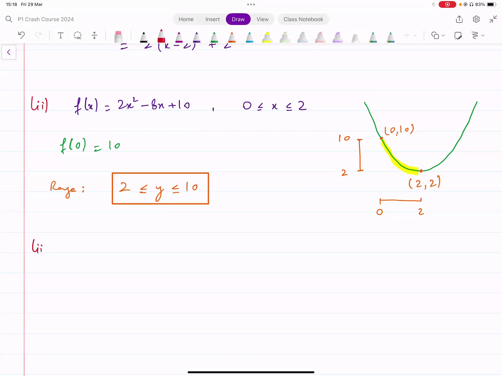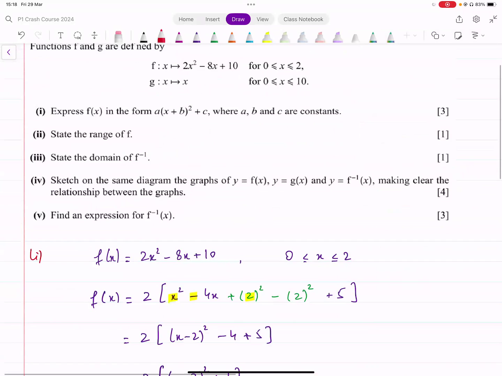Now, what about the third part? It says state the domain of f inverse. Generally, they ask us to find the range of functions. Now, they're asking us to find the domain of f inverse instead. How can we do that?